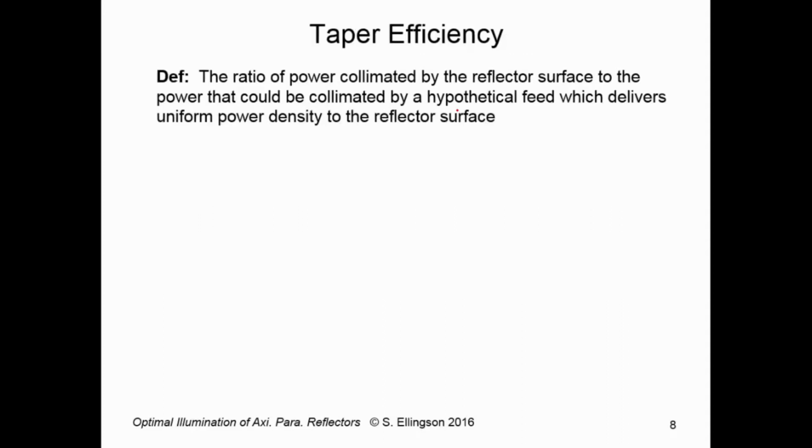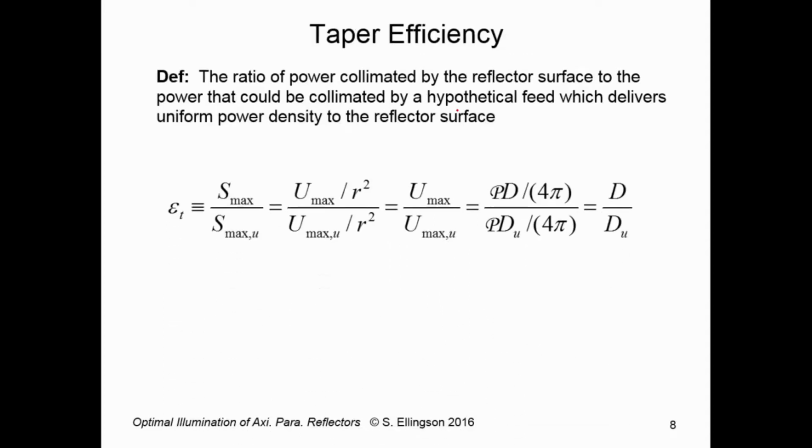Taper efficiency. Let's come up with an expression. Here's a way to do this. The taper efficiency could be expressed as the ratio of power density in the direction of its maximum to the power density that we have from a uniformly illuminated aperture, uniform aperture distribution. And we can express power density as a ratio of radiation intensity to distance squared.